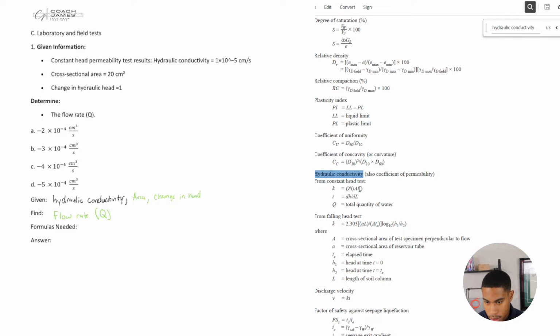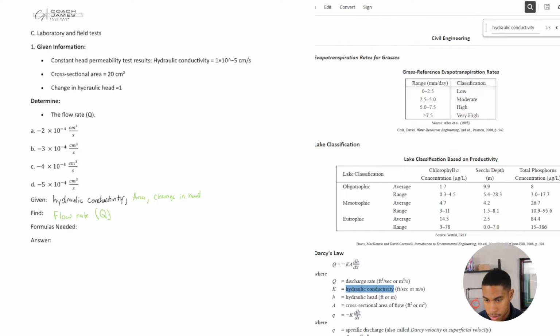A is the cross-sectional area, test specimen perpendicular to flow. Not necessarily, and this is a reservoir too. And there's a period of time that you need. So I don't think that's the right formula.